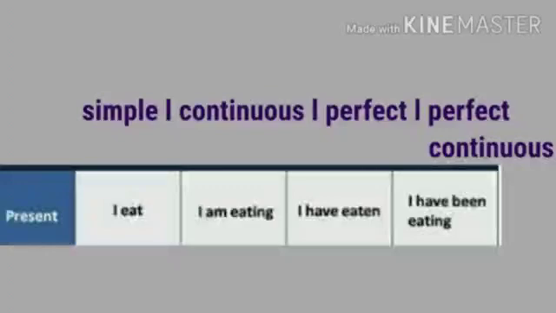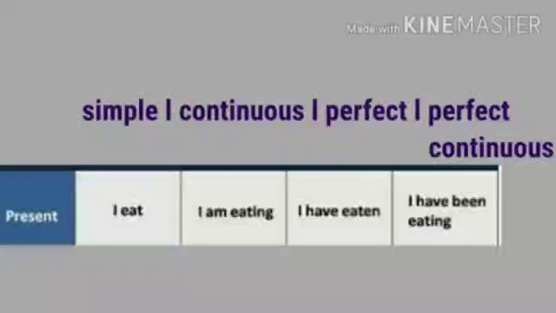We have a subject and the first form of the verb. Now in present continuous it becomes I am eating, means we add subject and we have is, am or are as the helping verb, and we have the main verb in ing form, which is I am eating.